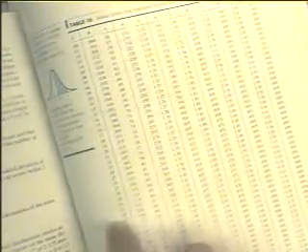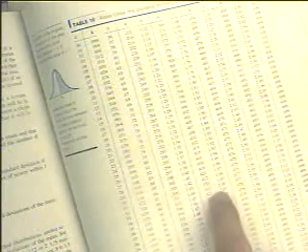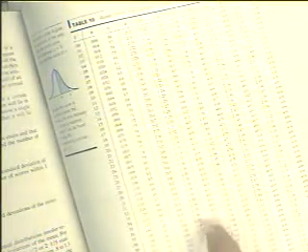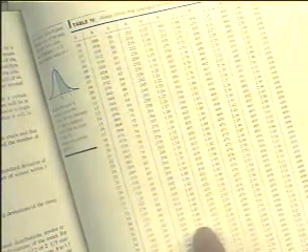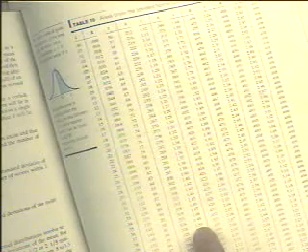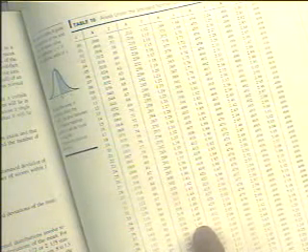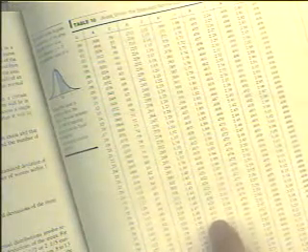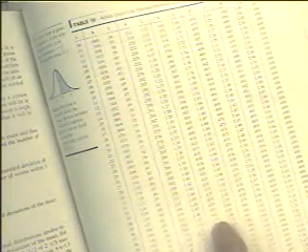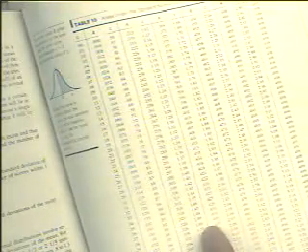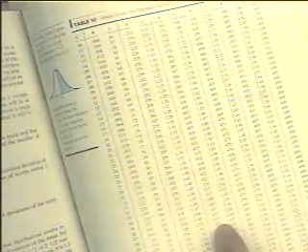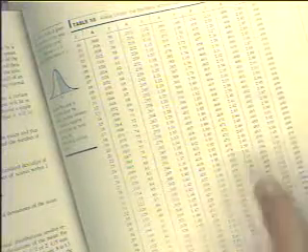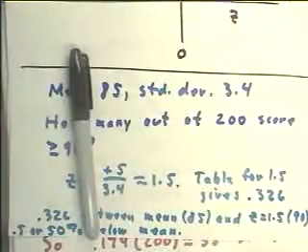Okay, I misread the table, unfortunately. I'm thinking about what I'm doing now, where I was just reading numbers before. If we come down to 1.50 for the z-score, I read to the left with 0.326, but it's really 0.433. Now you can't see what I'm doing, but I'm coming down to 1.5 under the z, and I'm looking at the corresponding area. And I looked the wrong way when I did that.